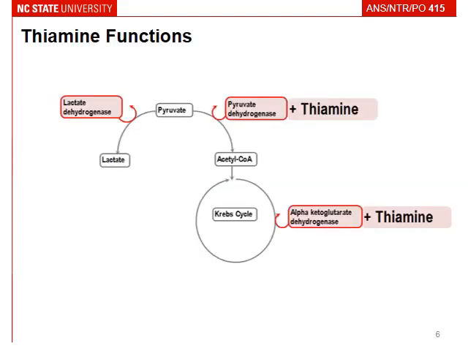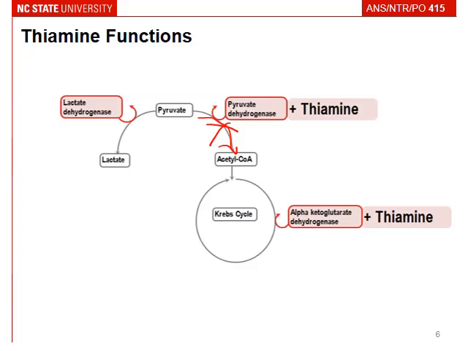So this is just a summary diagram showing where thiamine is involved in metabolism of our carbohydrates. So we need our pyruvate dehydrogenase plus thiamine to convert pyruvate to acetyl-CoA. If we don't have thiamine, we're not going to have the formation of our acetyl-CoA to go into the TCA cycle, which ends up resulting in our pyruvate going to lactate.